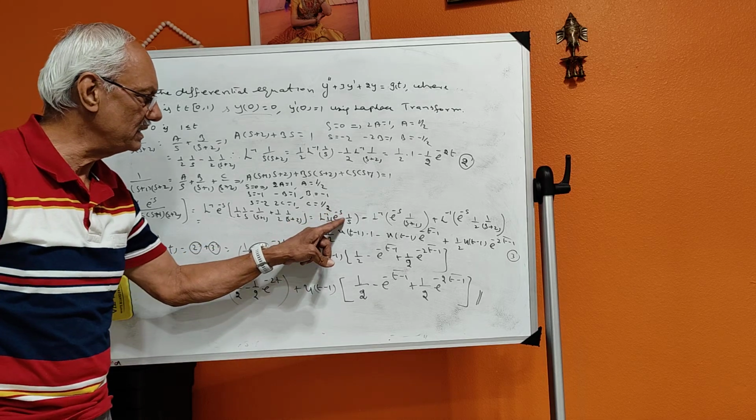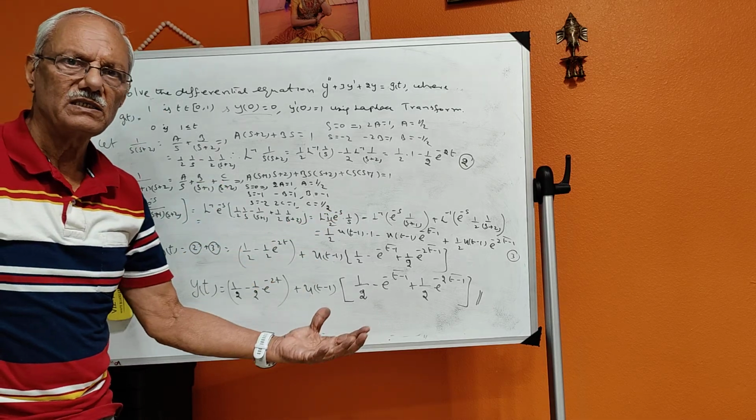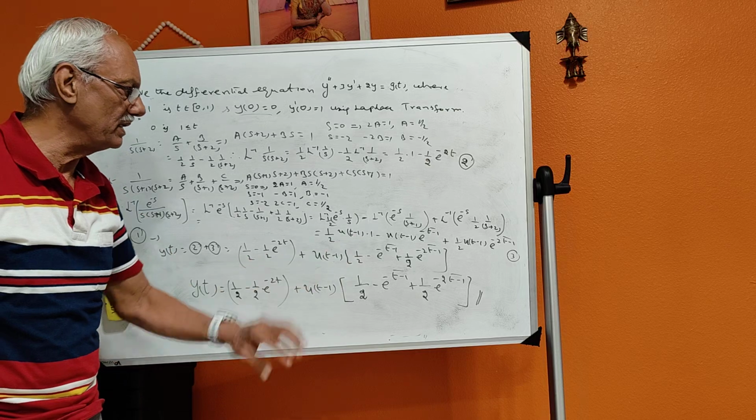This e to the power of minus s merely tells me that it is a step function, which is nothing but u of t minus 1.